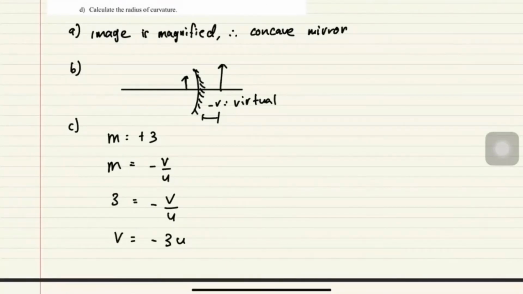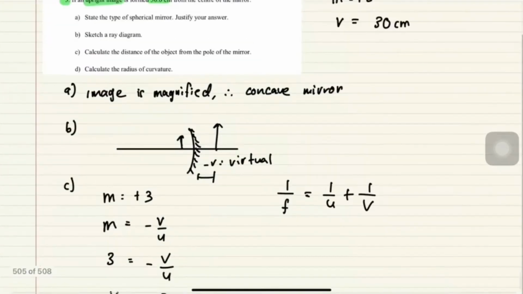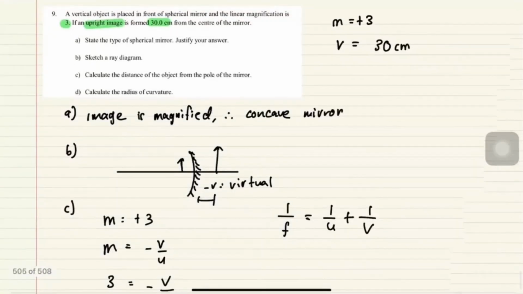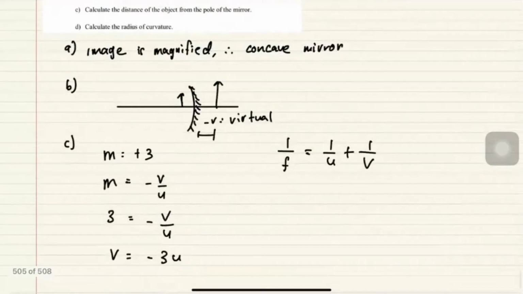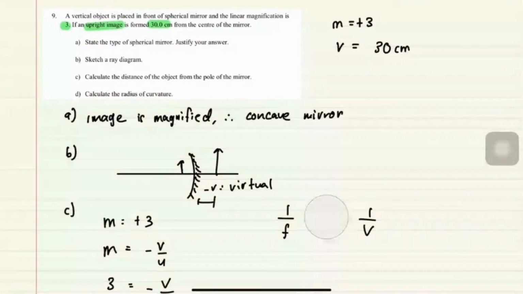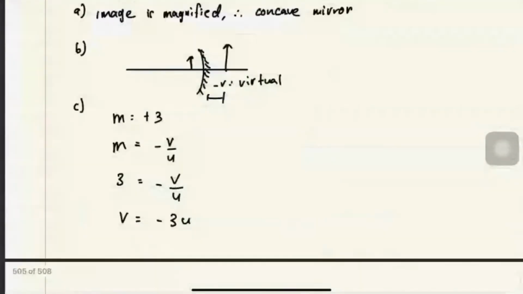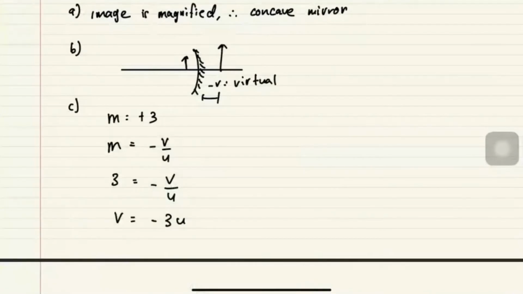So answer tu dalam U. And then we want to apply 1 over F equals to 1 over U plus 1 over V. So dia dah kasih V. Boleh cari U tu dah, sorry. Saya ingat dia kasih ni. Sorry, kita boleh straight away cari U sebab dia dah kasih V.